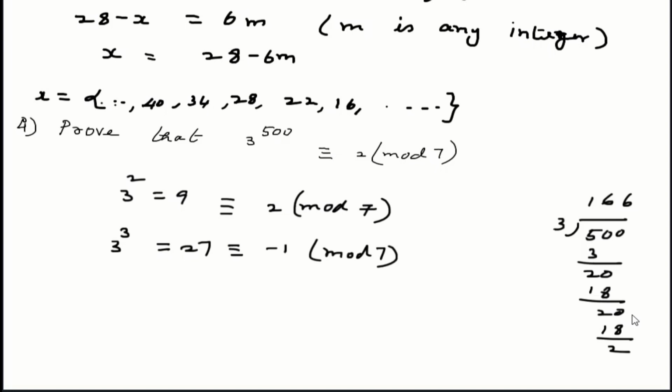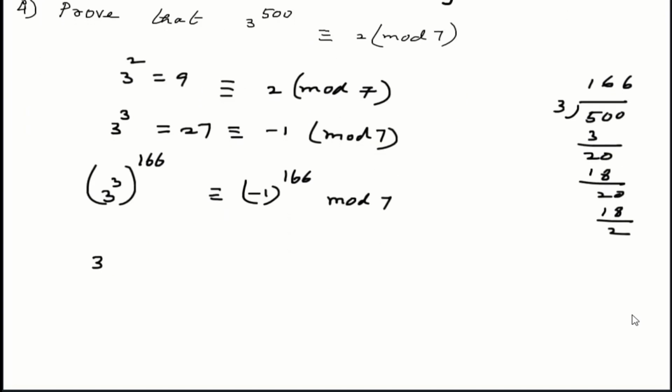So 3 power 3 raised to the power 166 is congruent to minus 1 raised to the power 166 mod 7. So I can write this, 3 power 498, is congruent to 1 mod 7. Minus 1 raised to an even number is always positive.